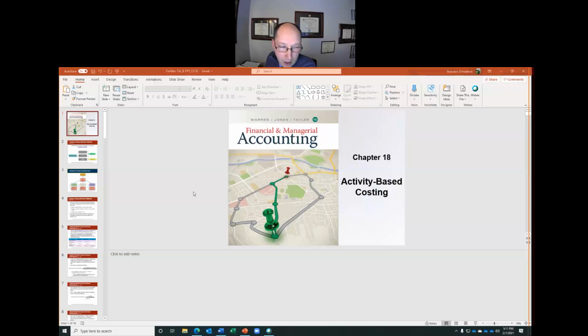As it related to job-based costing, we talked about a guitar manufacturer as an example, and that each customer order represented a job that the manufacturer produced the number of units purchased by the customer. That's a job.